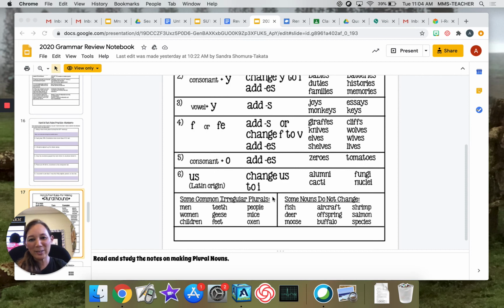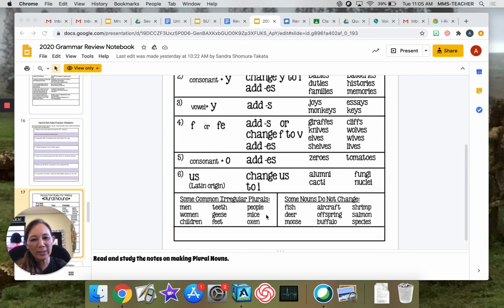Rule number 6 is if the word ends in a US, which is a us sound. It's Latin in origin. So you would change the US to an I. For example, alumnus, the US at the end, is Latin in origin. You would change it to an I, alumni. Fungus, the plural would be fungi.